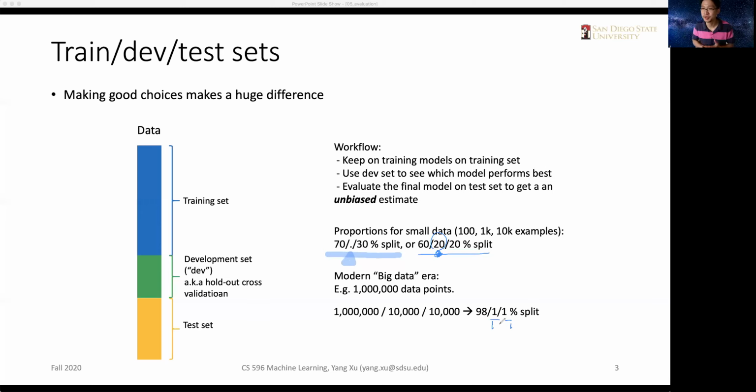It costs you time and computation power. So it's not necessary to have large validation sets or testing sets. Even lower proportions can be used. These are also very empirical numbers, decided by the size of your actual data sets.